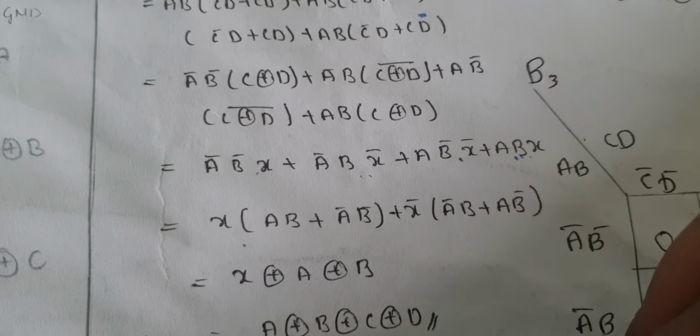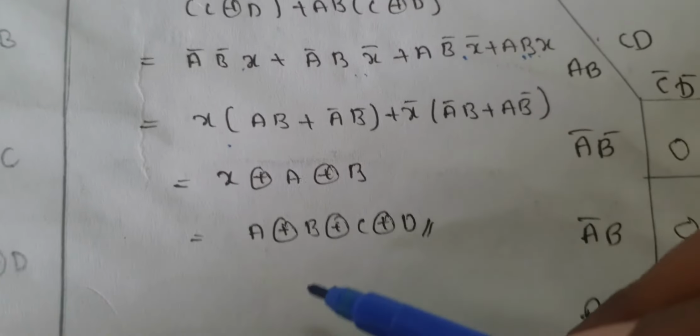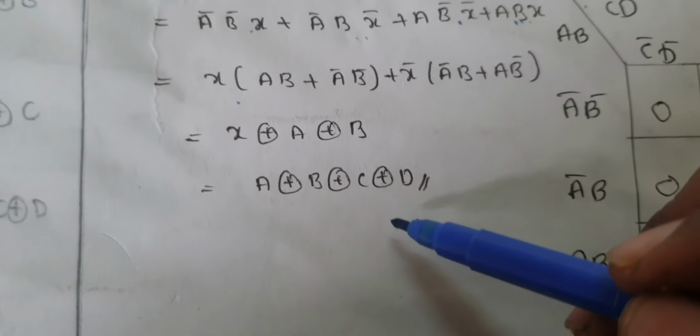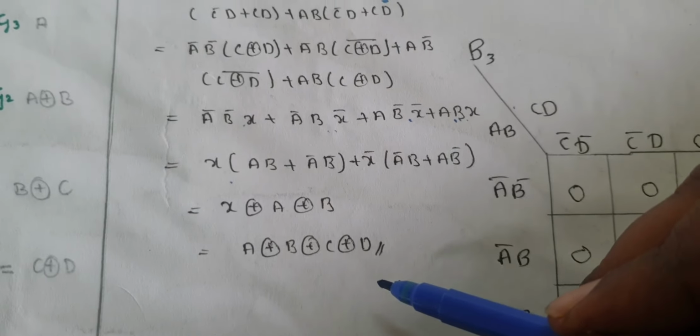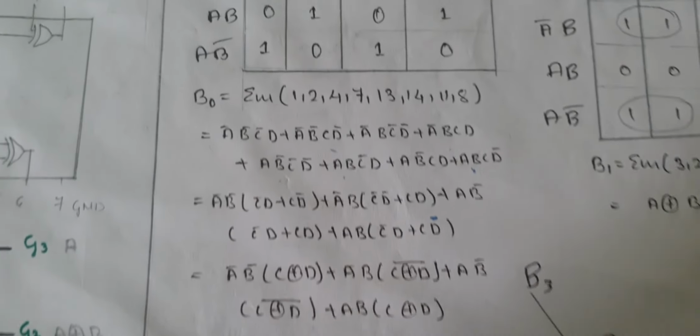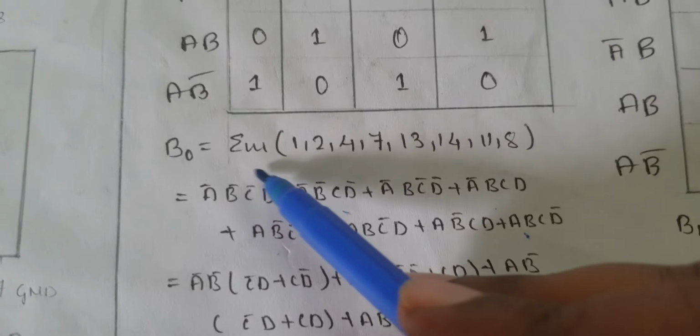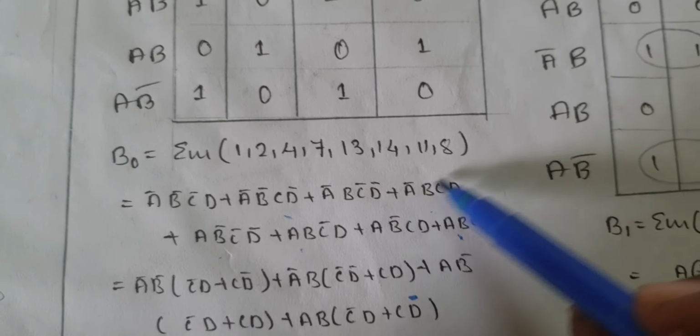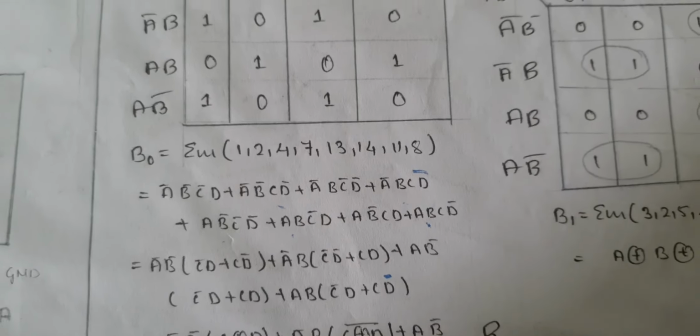It is C XOR D, which will result in A XOR B XOR C XOR D. So this is the simplification for your B0.